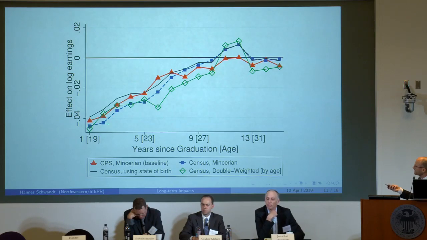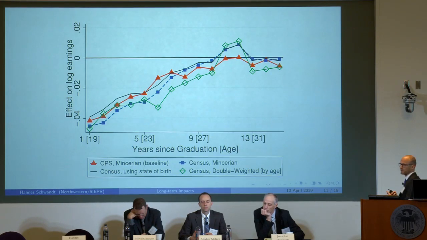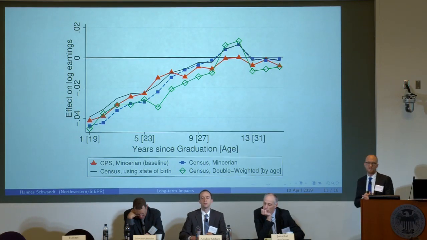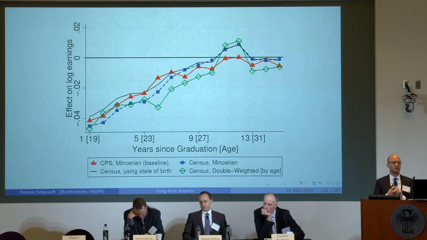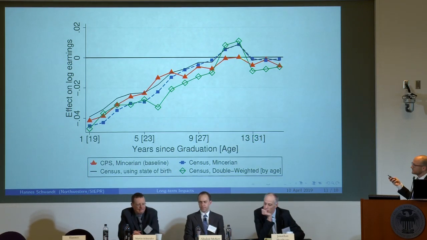And the red line here is the Syrian approach. You remember again, there we use the self-reported year of graduation, and we use the current state of residence, right? So at, let's say, age 31 or 13 years after graduation, this could be really a poor proxy for where people actually graduated.